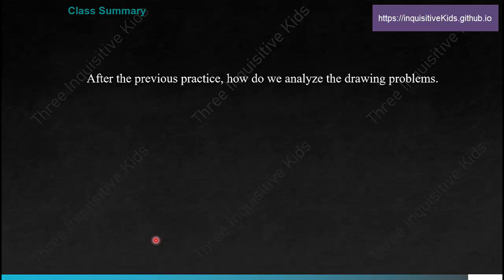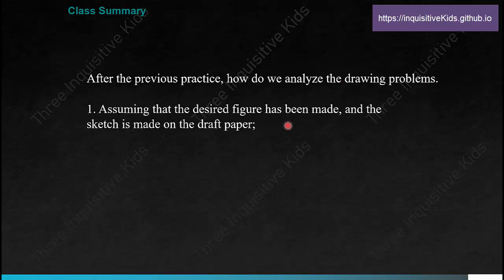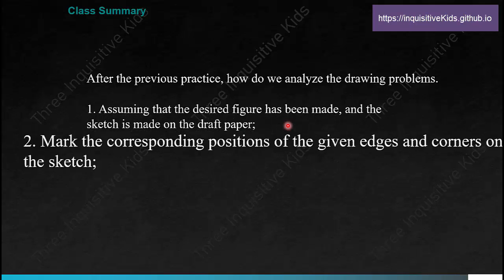So here's a class summary. After the previous practice, how do we analyze the drawing problems? How do we analyze constructing triangles? One, assume that the desired figure has been made and a sketch is made on the draft paper.